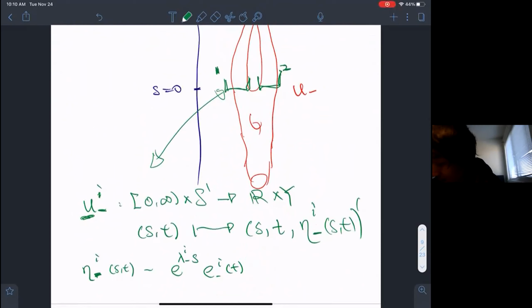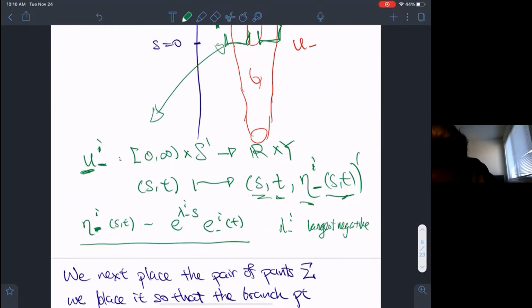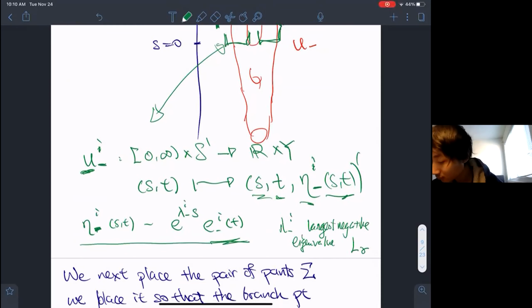Again, it's a standard normal form that looks like (s,t) and gamma minus i (s,t). And there's another normal form for what this eta looks like, with some lambda minus i, I think the largest negative eigenvalue, and this is an eigenfunction associated to the linearized asymptotic operator.